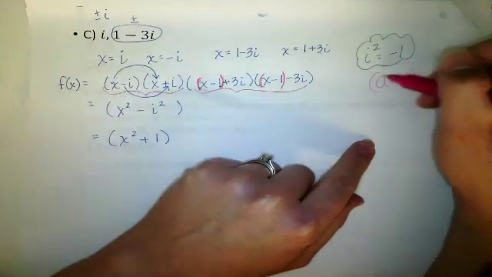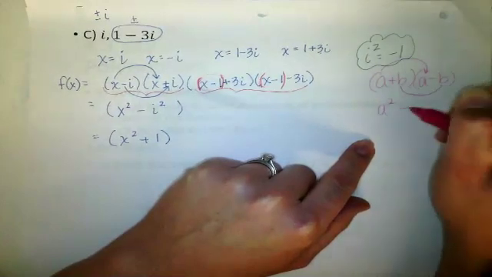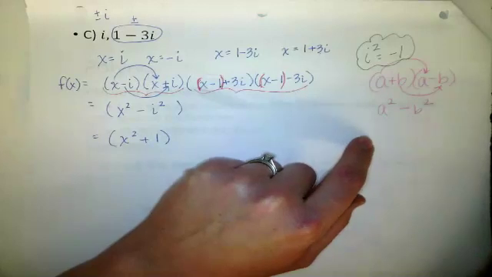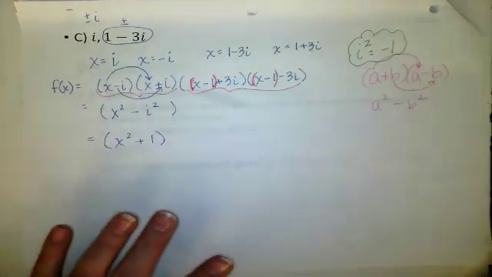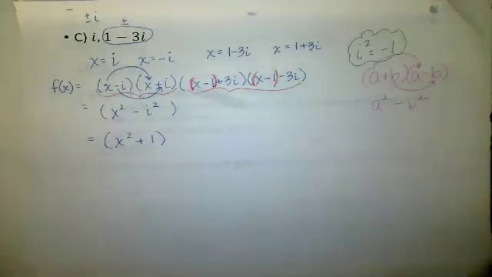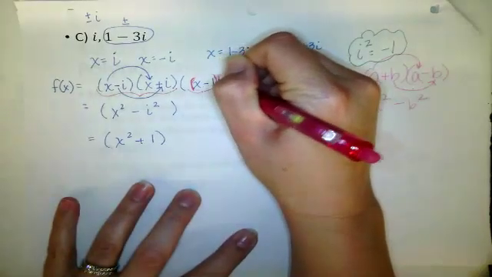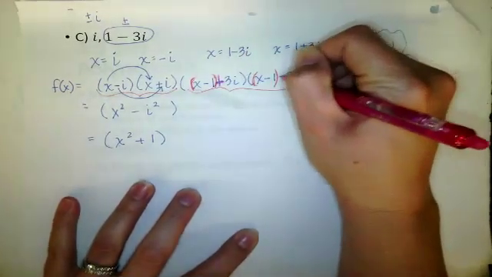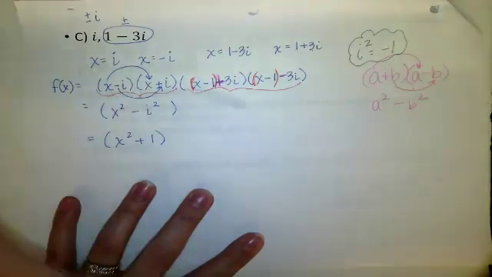This is always going to be A squared minus B squared every single time, no matter what the A is and no matter what the B is. This is where you take a step back and just pay attention to the fact that it's something plus 3i and something minus 3i.